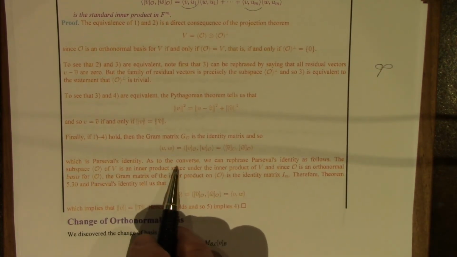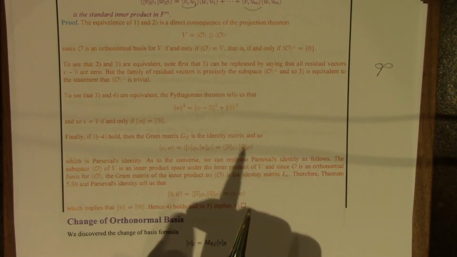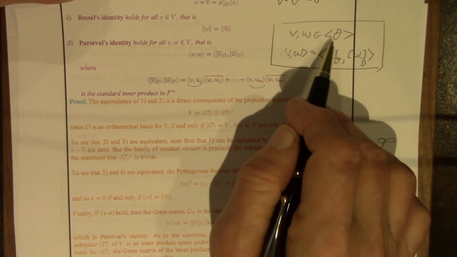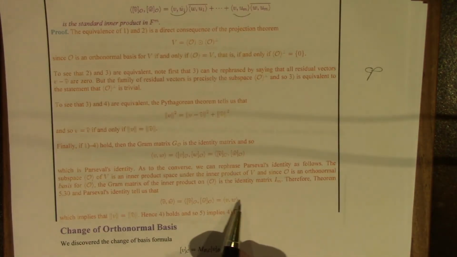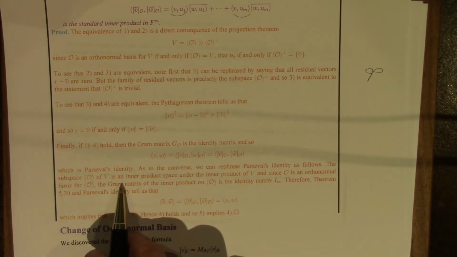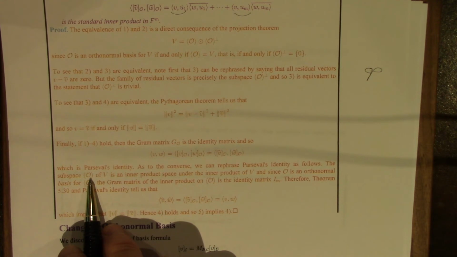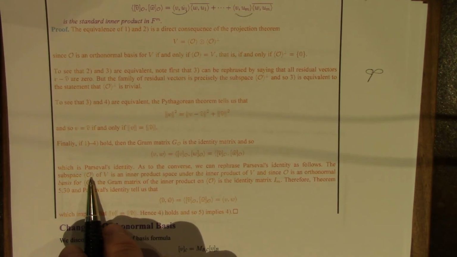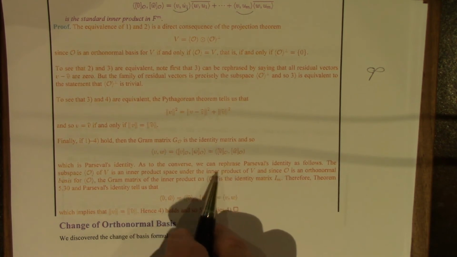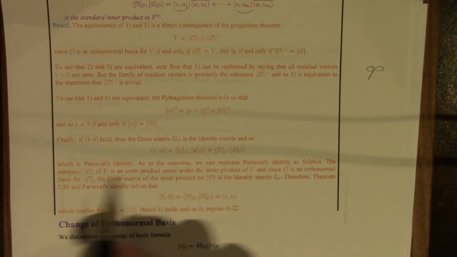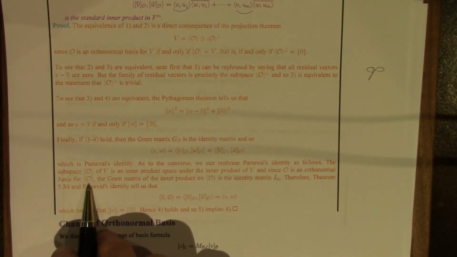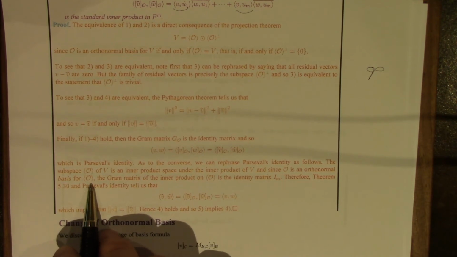As to the converse, we again do what I suggested here. We take this subspace spanned by O. It's an inner product space in its own right, using the inner product from V. And now O is an orthonormal basis for this space spanned by itself.